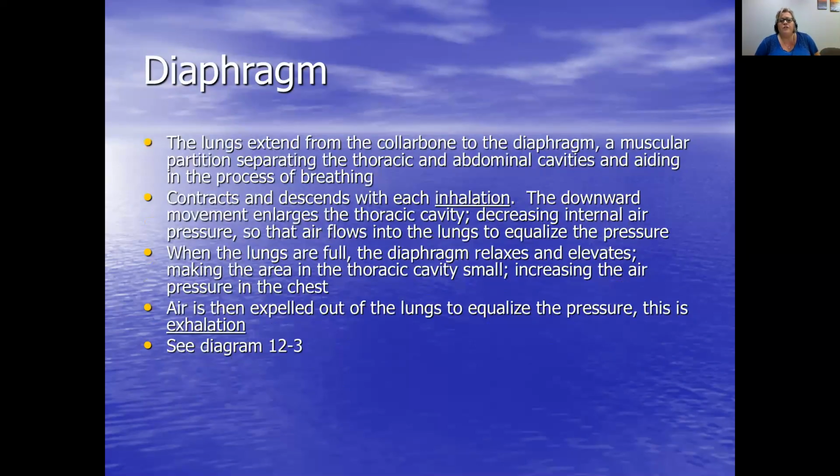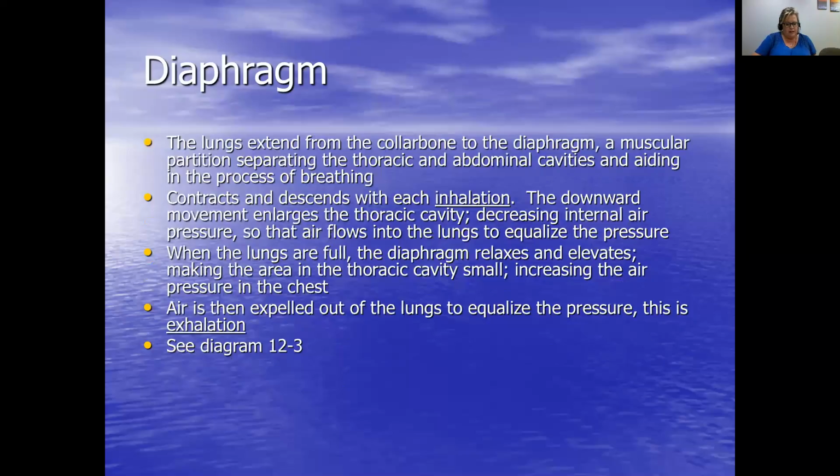When your lungs are full, the diaphragm then relaxes. That muscle relaxes and elevates, making the area in the thoracic cavity smaller, increasing air pressure in the chest. And then to equalize that pressure, we exhale. Air is expelled out of the lungs to equalize the pressure, and this is what we call exhalation.